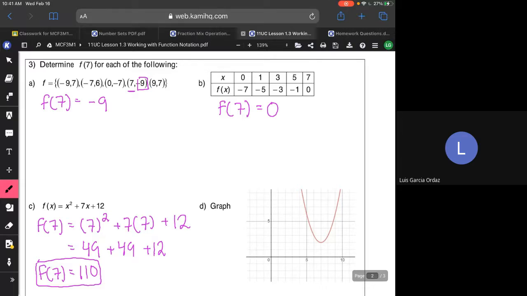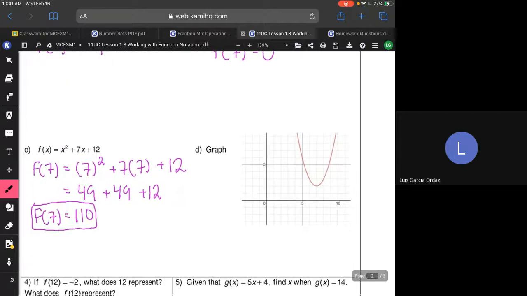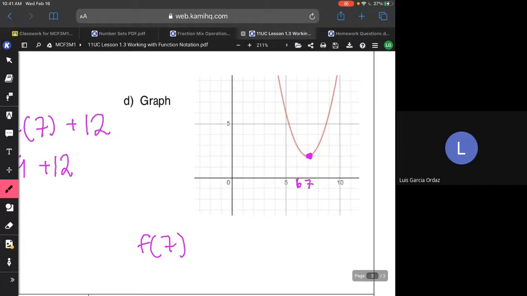You can do it. And then the last way to find it is given a graph. So f at 7, I have, this is 6, this is 7. So what is f at 7 in this case, in the graph? What is the y value when x is 7?